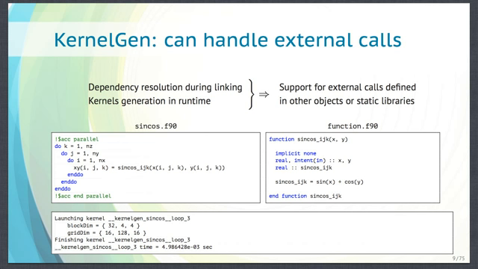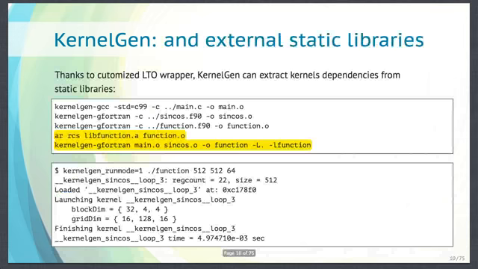In this case, KernelGen can parallelize this loop, while OpenACC can't. The same situation applies to static libraries. Since we need to support particular applications that consist of multiple static libraries, we also had to add support for linking dependencies from static libraries, which is a very useful feature for large applications.